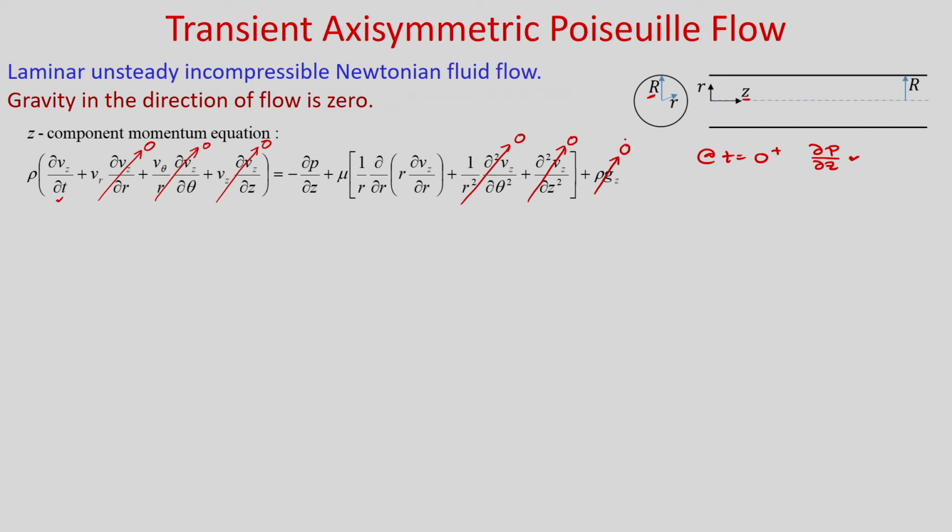We have already discussed why those are 0. So you will get the governing equation for this unsteady incompressible flow as rho del v z by del t, the unsteady term, and on the right hand side the pressure gradient term and the viscous term.